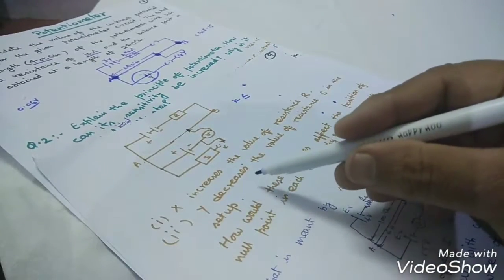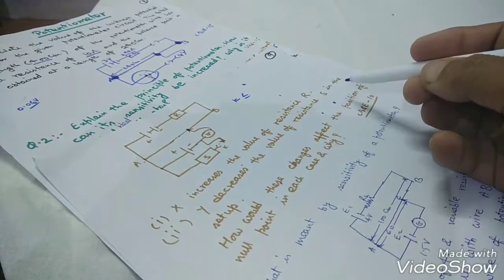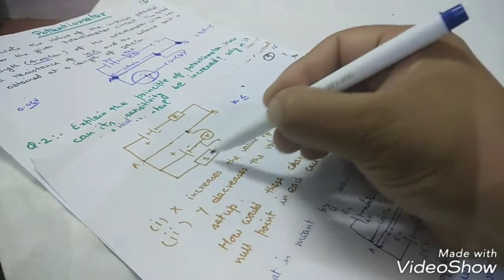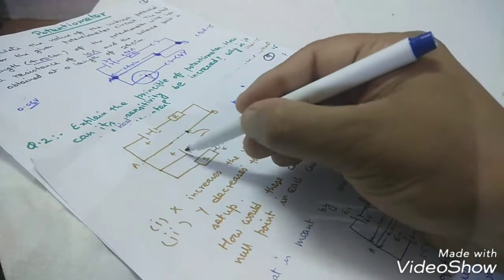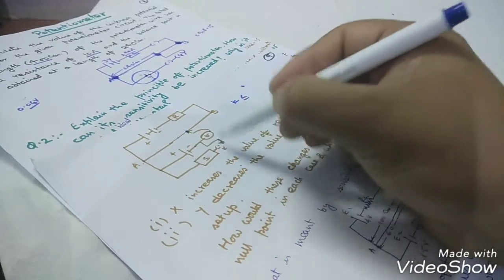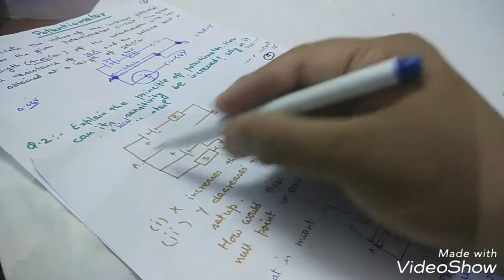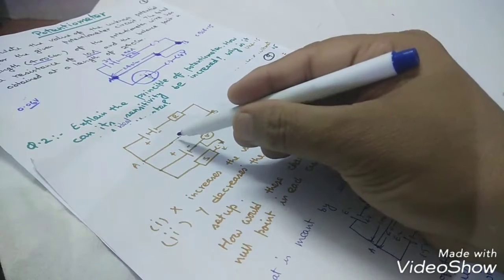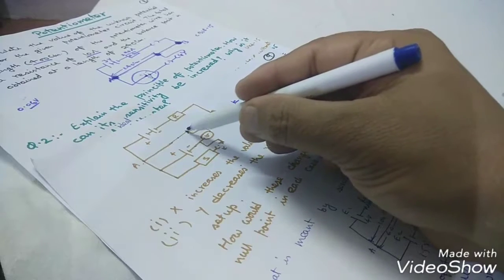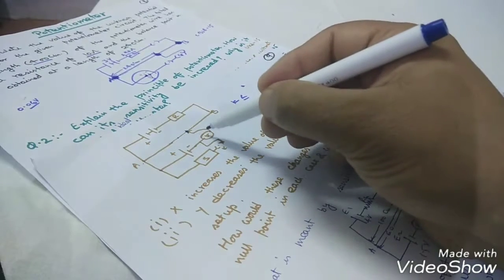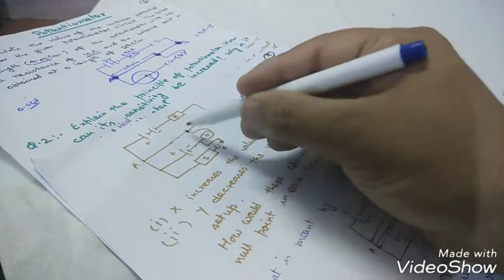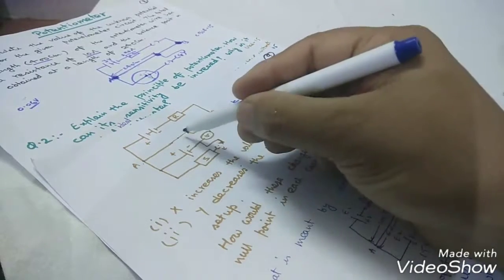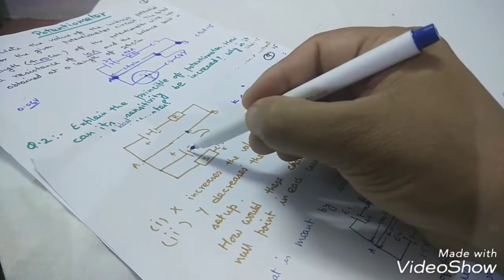Second, student Y decreases the value of resistance S. If S is decreased, what will happen? The current flowing through this circuit from this cell will increase. So the potential drop required to balance this cell will be less. So this point of contact will shift to its left, because less potential is required to overcome this.